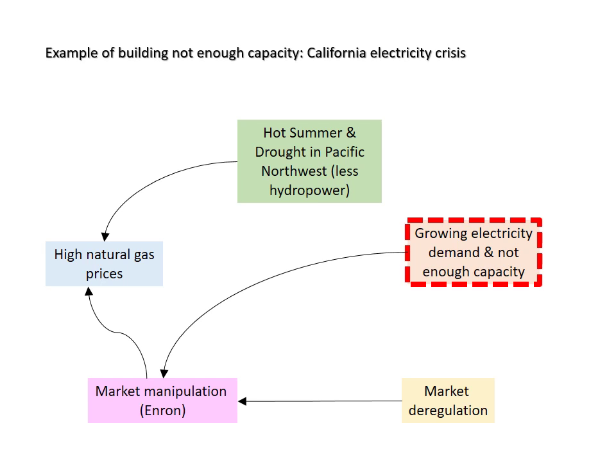And so this was a perfect storm of events that resulted in the California electricity crisis. You had some aspect of this being caused by incomplete market deregulation. You had significant drought in the Pacific Northwest, which reduced imported hydropower into California, and high natural gas prices, as a result of both, but also because of market manipulation.